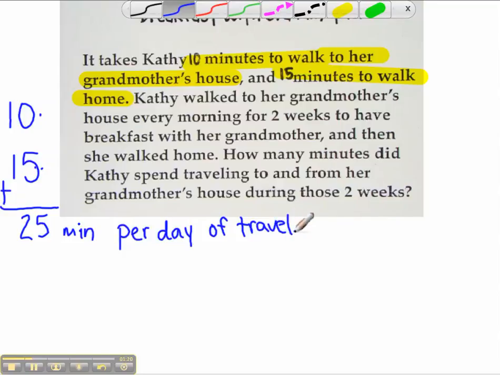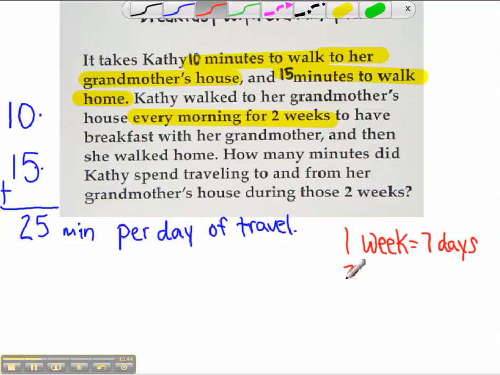Now, keeping that in mind, it also says up here that she does this every morning for 2 weeks. In order for us to understand 2 weeks, you have to know how many days are in 1 week. 1 week is equal to 7 days.